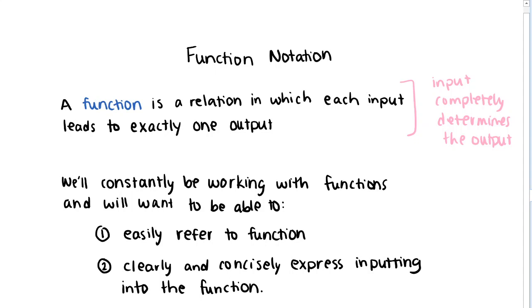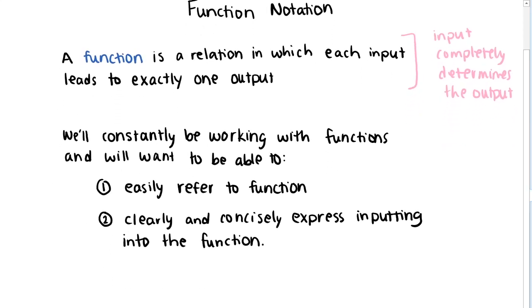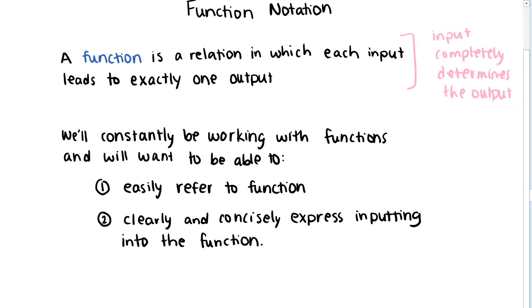And so we'll constantly be working with functions, and we'll want to be able to do a few things. One thing is, let's say we have a few different functions we're working with. We want to be able to easily refer to one of those functions, point out a particular function amongst a crowd. Another thing we want to be able to do is to very clearly and concisely express inputting into the function, right?